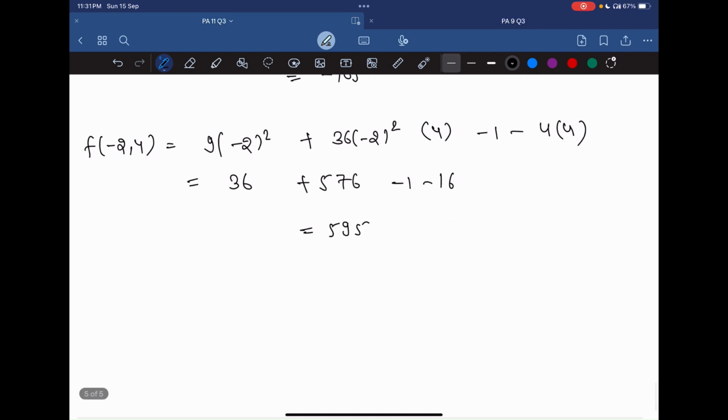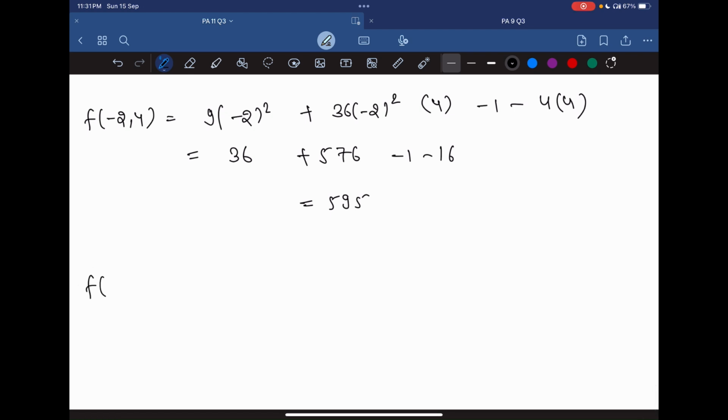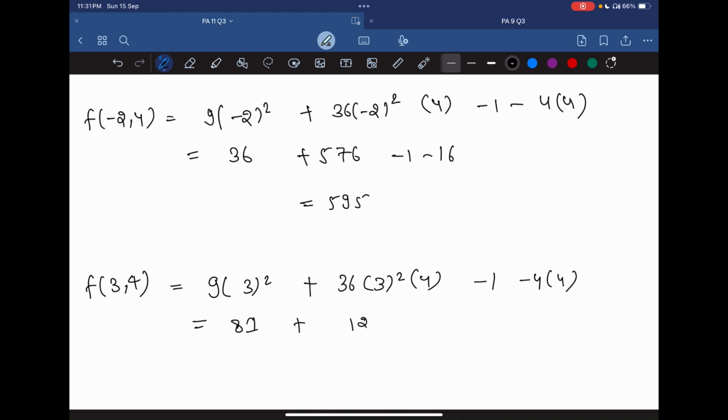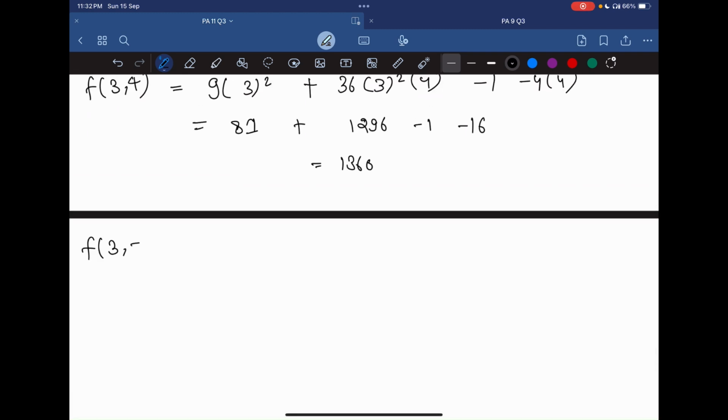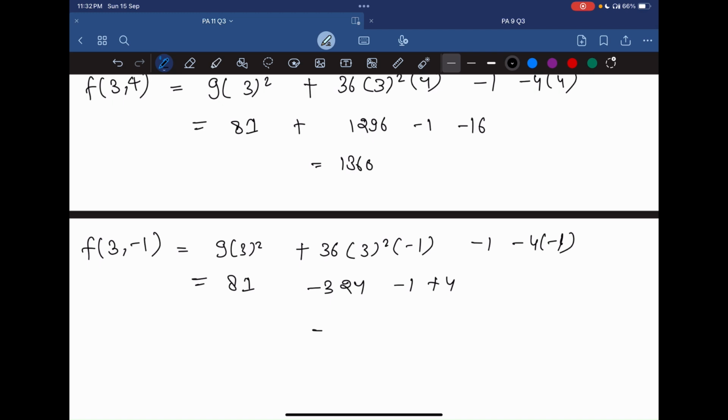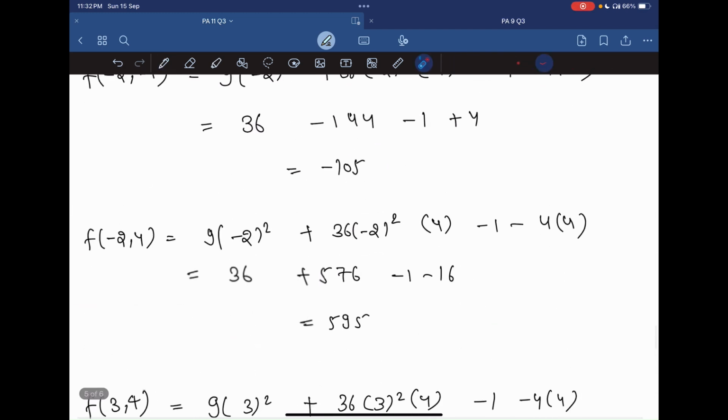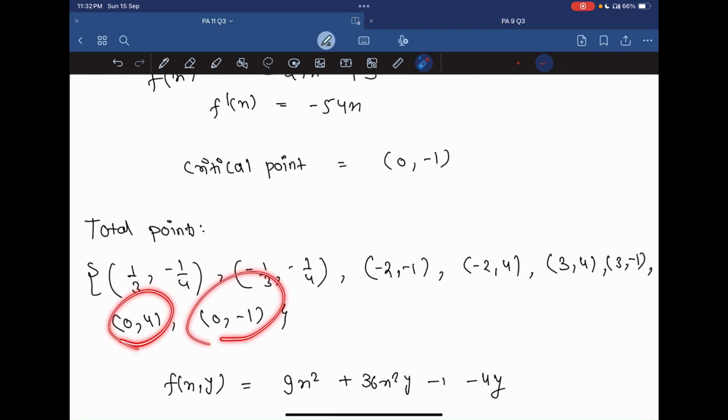So it would be 595. 1360. Now at the point 3 comma minus 1. So negative 240.